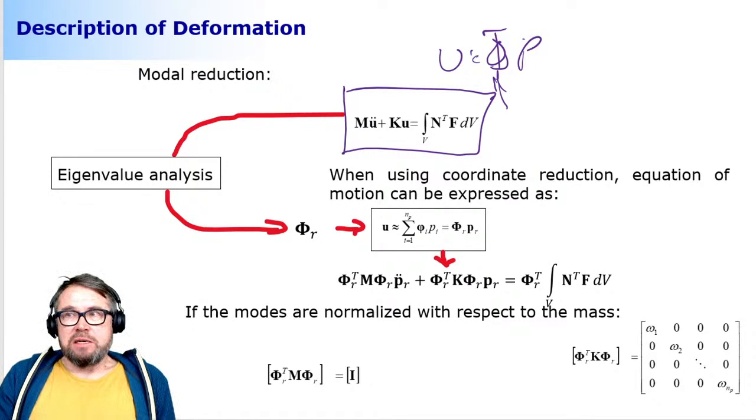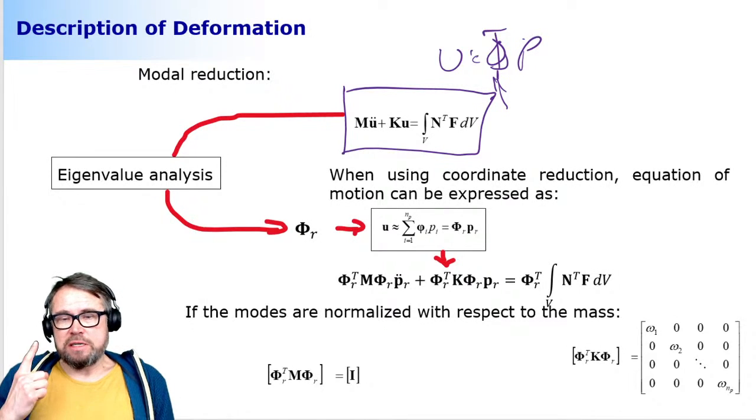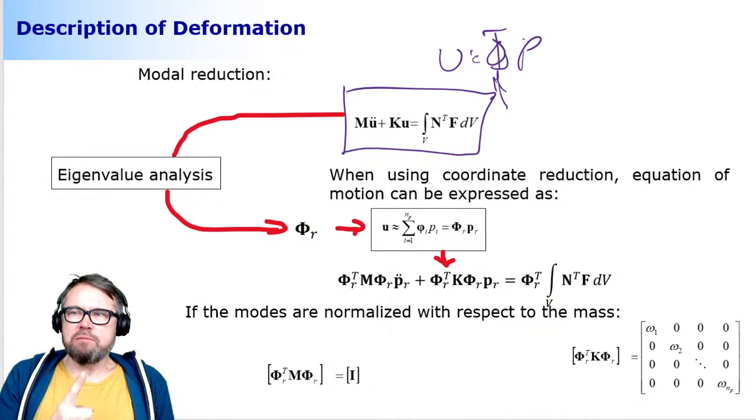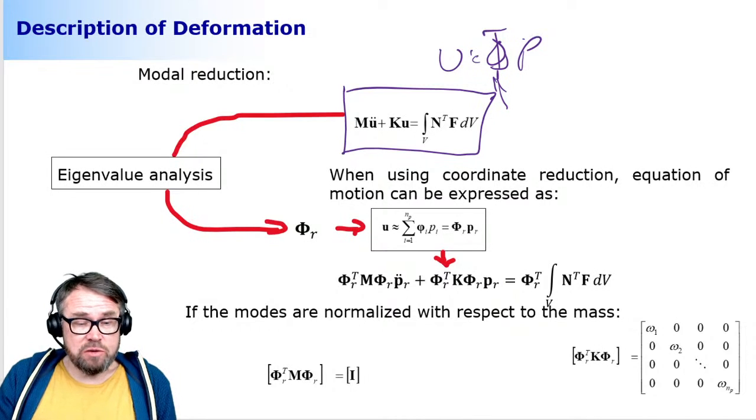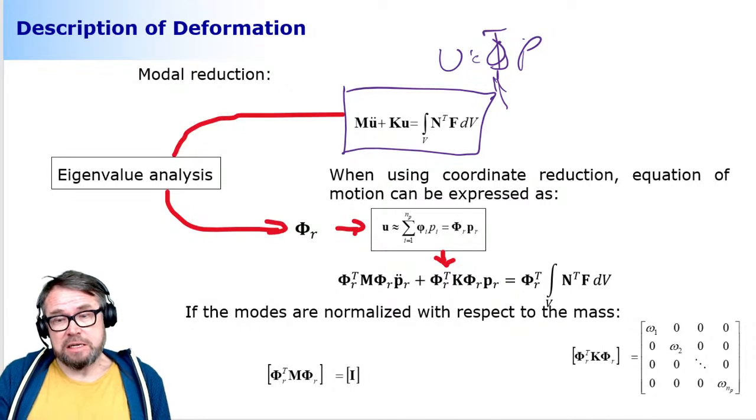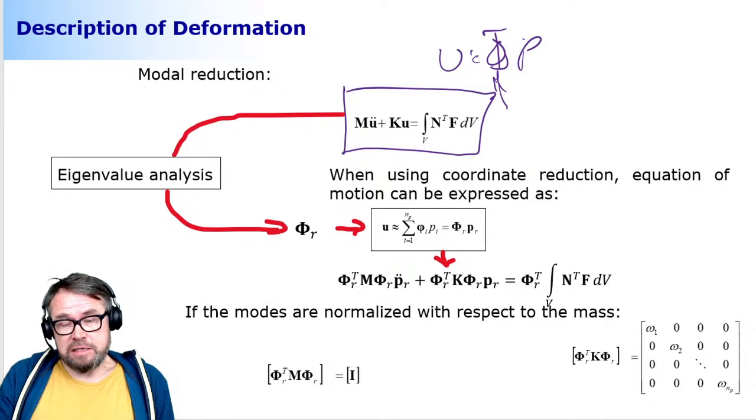So two consequences. The first one is the most significant, and that's the possibility to reduce the number of unknowns. The second one is that it's mathematically more pleasant than the original problem. It's not as important as the first, but still something that is worth mentioning.